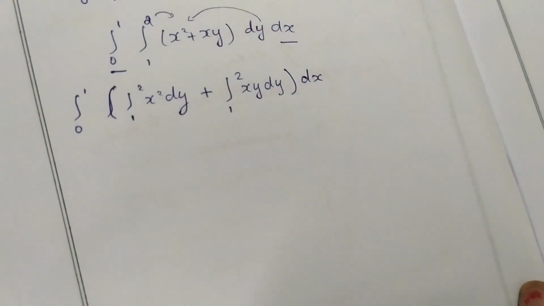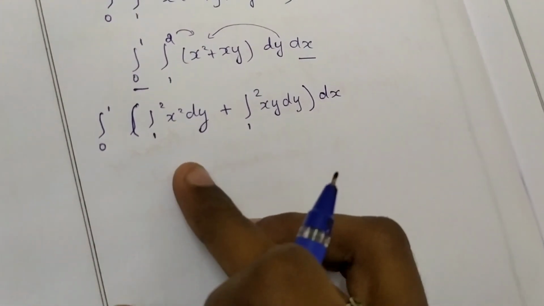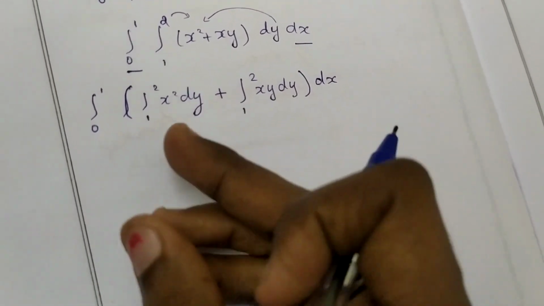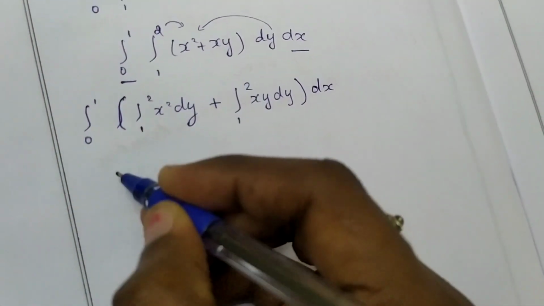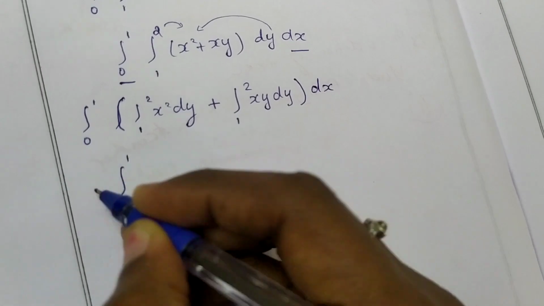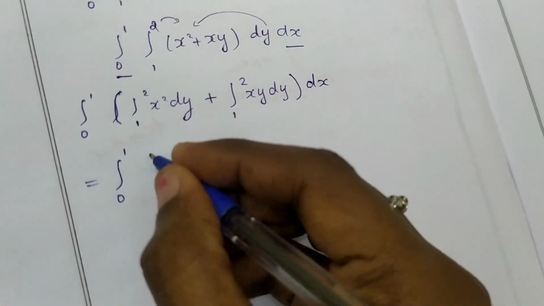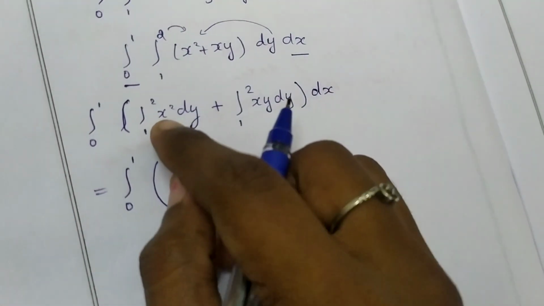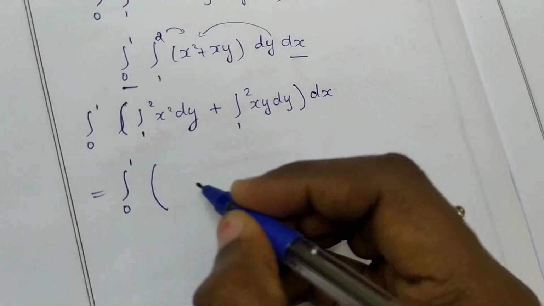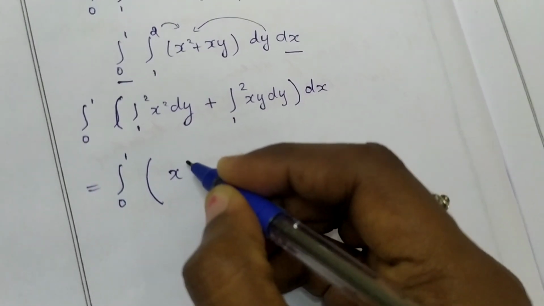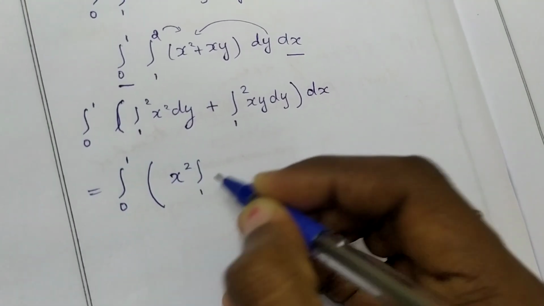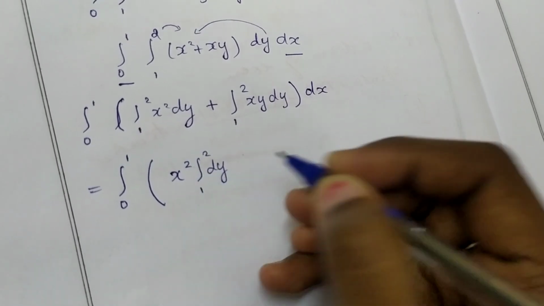Understood? So I have to integrate according to this. I'm keeping this integral over 0 to 1 here itself, and what I am doing is x square into dy. So I can write x square into integral over 1 to 2 dy. Understood?